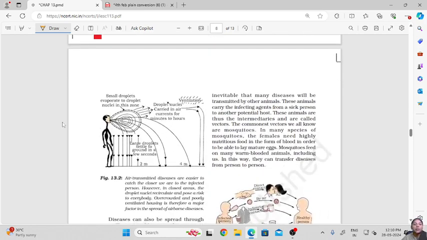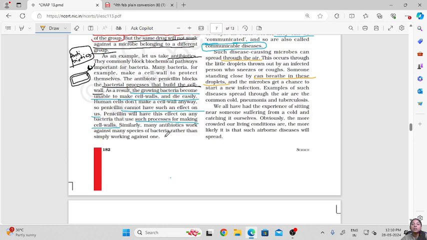So when an infected person sneezes or coughs, droplets are thrown out in the air, and if another person standing close to them breathes in these droplets, he can also get infected. So this is one way in which the disease can be communicated.